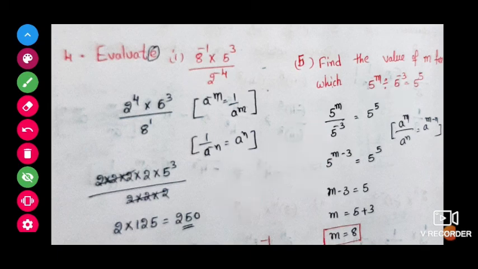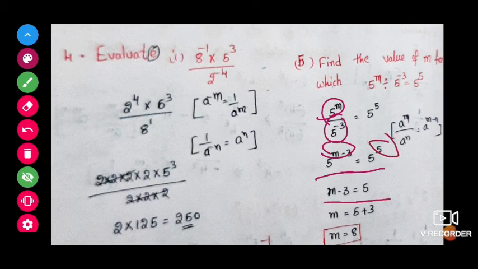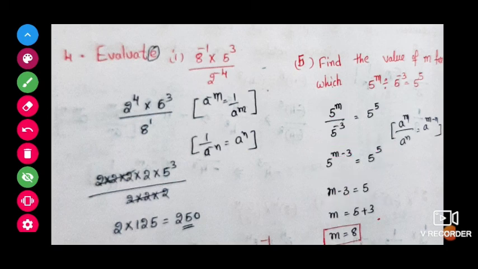But here it is in a little complex way, but here straight away 5 to the power 5 it is there. So, to make it as a same base, we can apply 5 to the power m by 5 to the power minus 3, we can write as 5 to the power m minus 3. So both the sides the bases are same. So we can take m minus 3 is equal to 5. So m is equal to 5, and minus 3 if it will go that side, plus 3. So m is equal to 5 plus 3, 8.